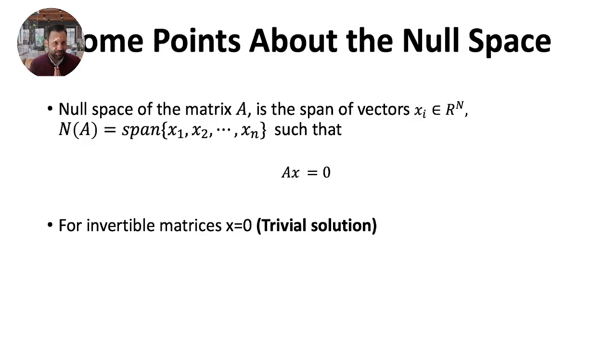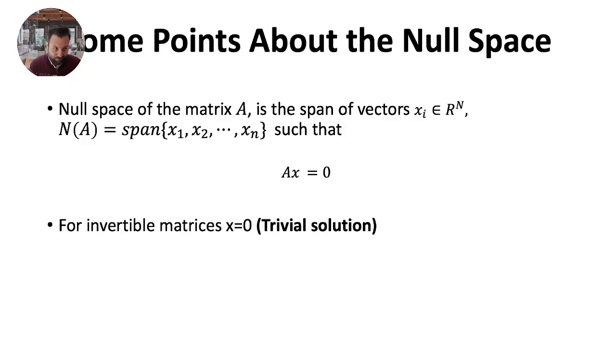So some points again about the null space. A good description of the null space of a matrix A is the span of vectors x that get projected to zero, meaning Ax equals zero.